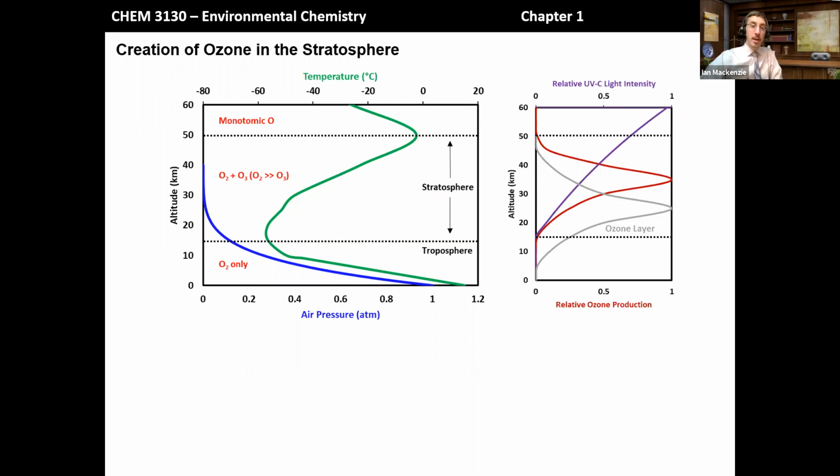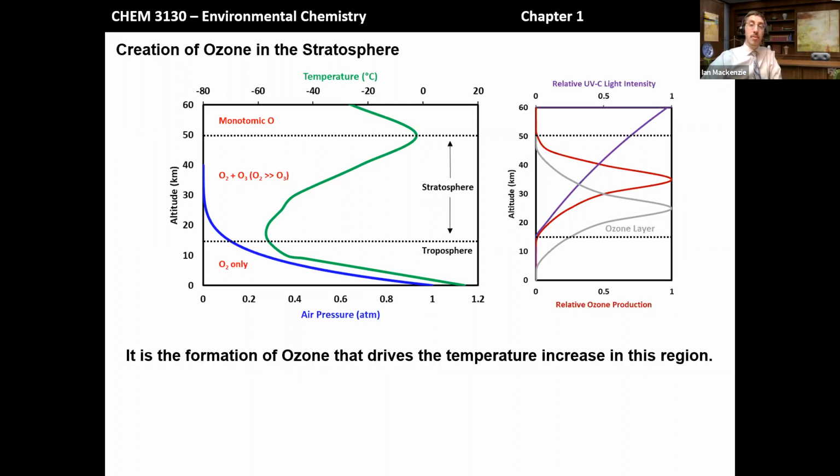The other thing to point out is that it's actually the formation of ozone that drives the temperature increase in this region. So you'll notice we have this temperature inversion and then an increase until we hit the top of the stratosphere where we have another temperature inversion. And it's actually the formation of ozone that drives some of this temperature increase. So if we just look at the reaction, monatomic oxygen plus O2 going to form ozone.